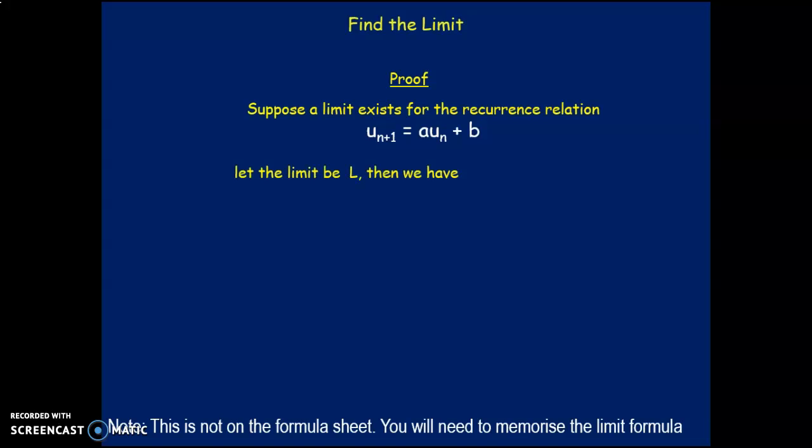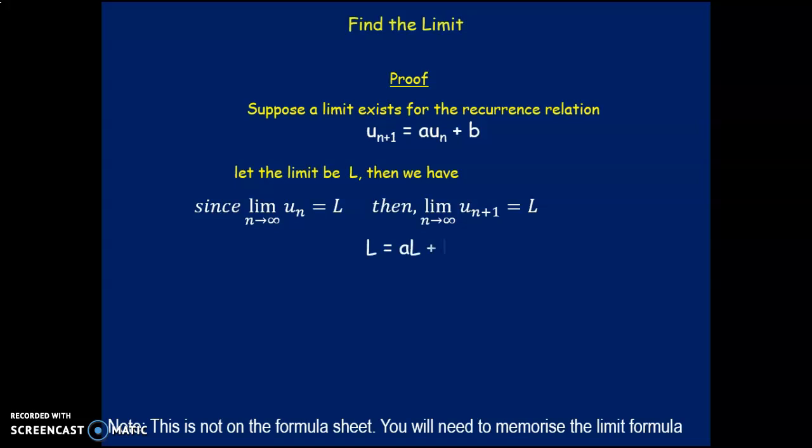Now, let the limit be L. Since the limit as n tends to infinity, so as n is getting larger and larger, our current term un equals L, then the limit as n tends to infinity of our next term, un plus 1, will also equal L.